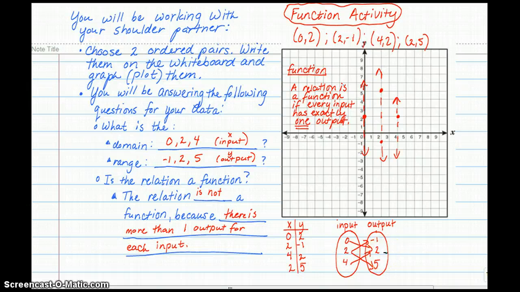For instance, it was okay that we had 0, 2, so 0 had an output of 2, and 4, 2, even though they're in a horizontal line. That does not affect whether they're a function or not. It's only repeats in your inputs or your x's that cause you to have more than one output for every input. It does not matter if you have a repeat in your outputs or your y values.